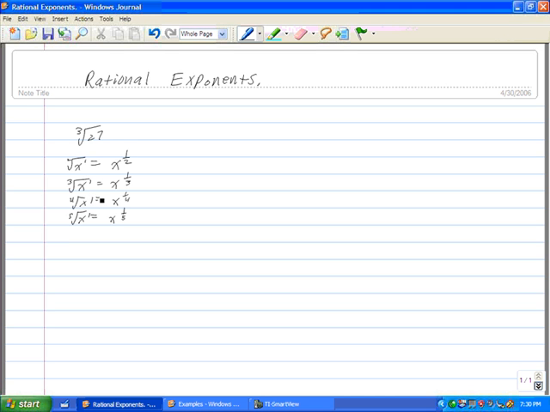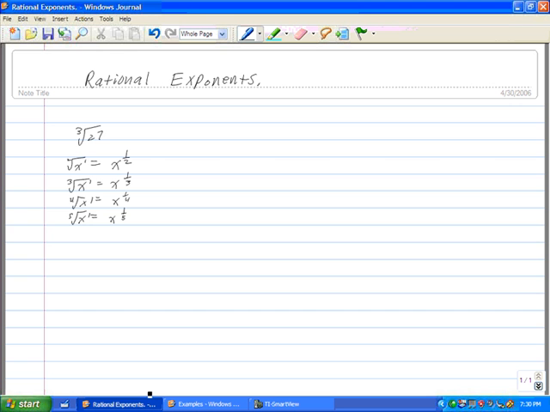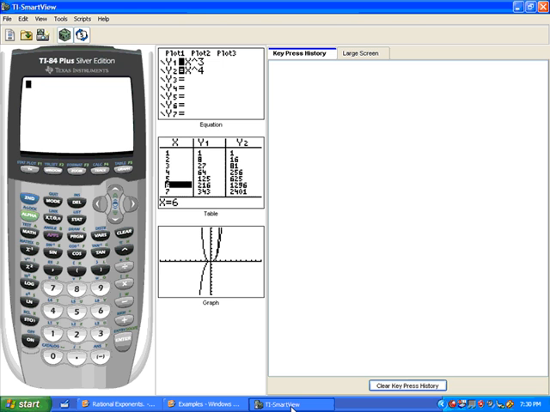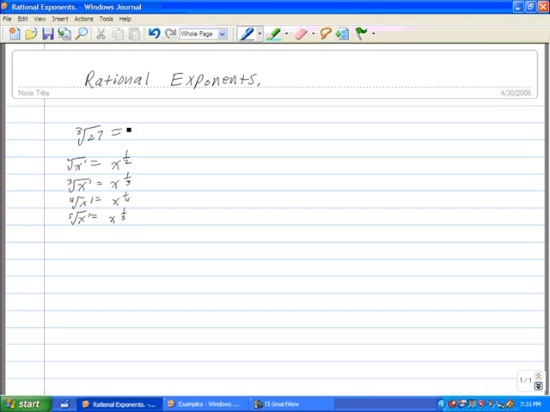We can take advantage of this with our calculator. For example, we just said find the cube root of 27 and evaluate it. Well, I can put in the 27, hit that caret key, which means to any power, in parentheses put a 1/3, and easily come up with a 3.